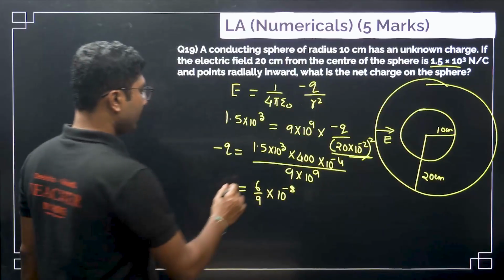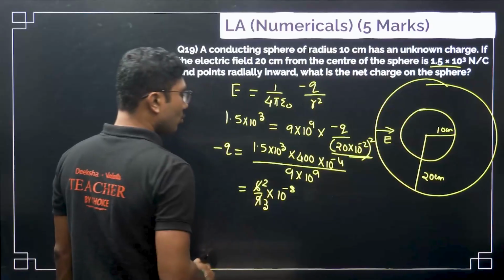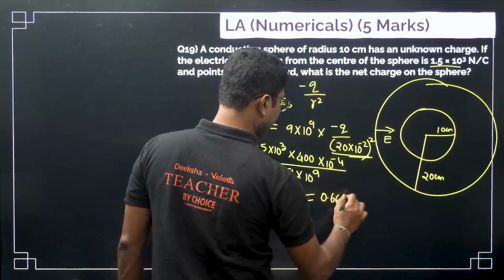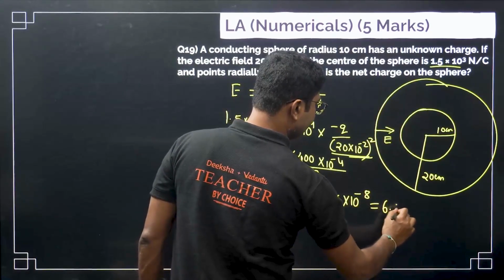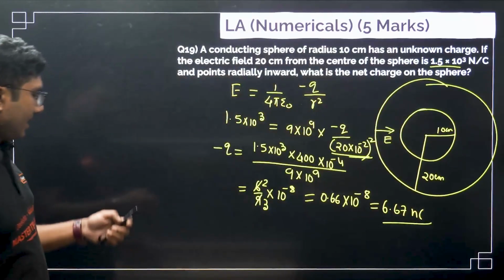So it will be 2 by 3 into 10 to the power of minus 8, or 0.66 into 10 to the power of minus 8, or 6.67 nano coulomb.